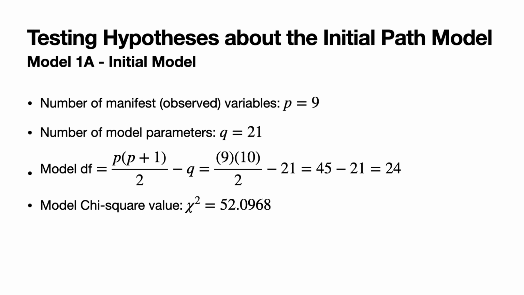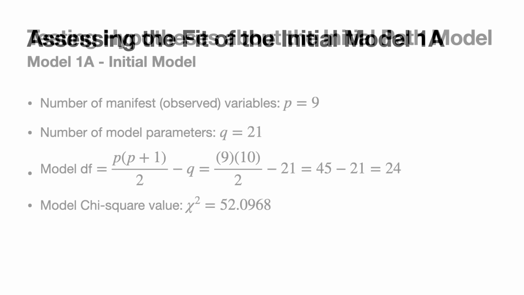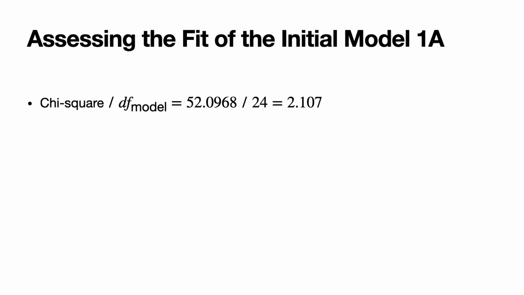Now when we fit this model, we saw that the chi-square value for the model was 52.0968. The ratio of the model chi-square value to the model degrees of freedom is 2.107, and that's quite large.